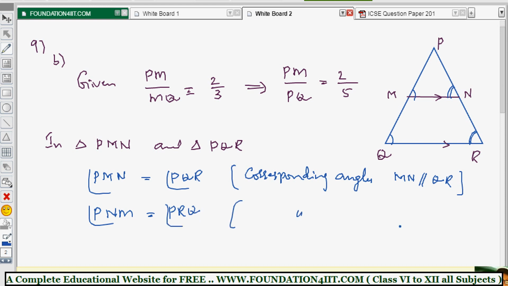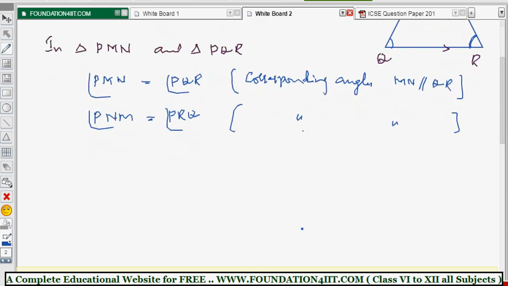This is also the same property. So if two angles are equal and P is the common angle, therefore we can say triangle PMN is similar to triangle PQR. Whenever two triangles are similar, corresponding sides are in the same ratio.